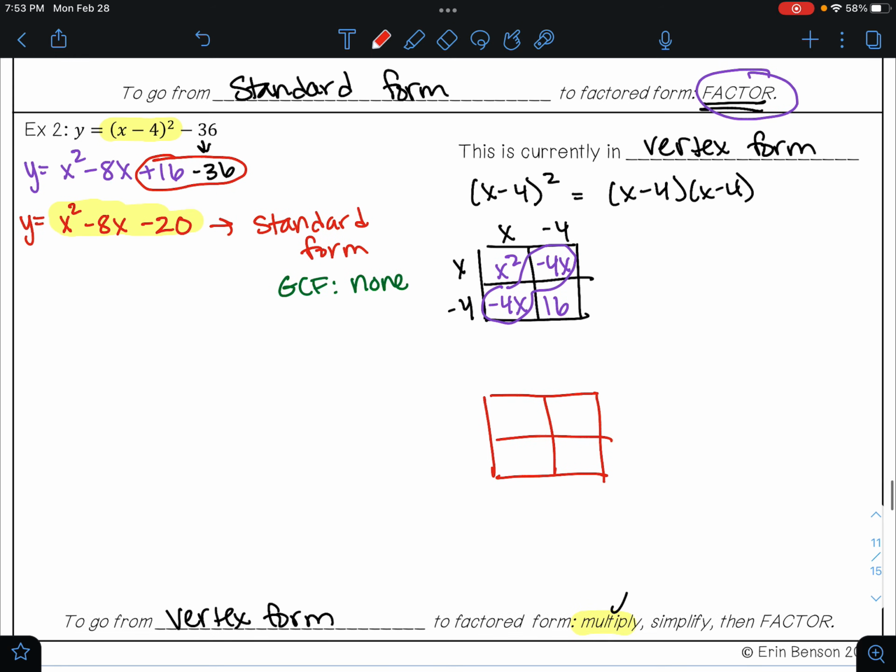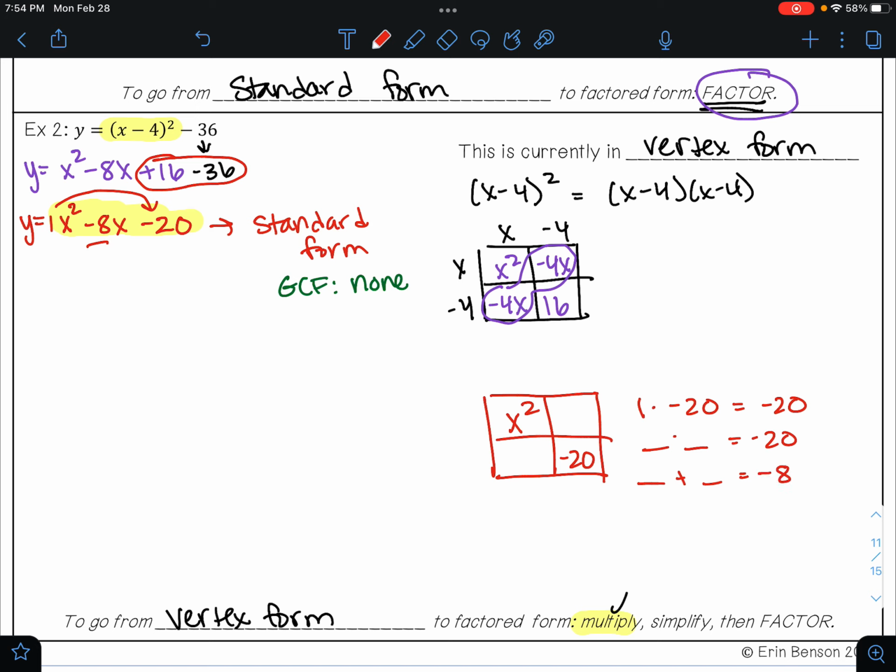So first term goes in the first box, last term goes in the last box. You always want to multiply your first number by your last number. 1 times negative 20 is negative 20. So here I'm looking for factors of negative 20 that add to negative 8.